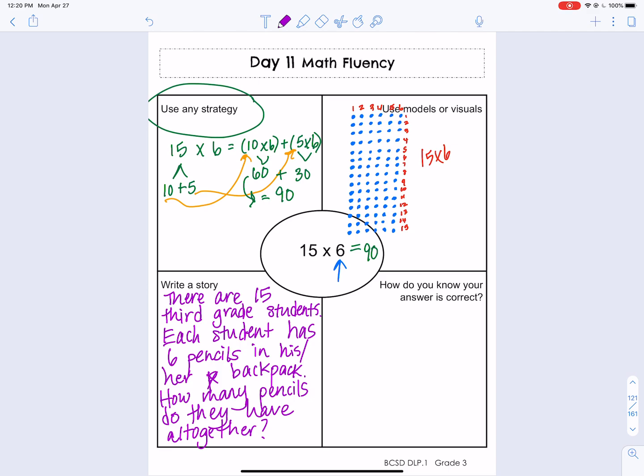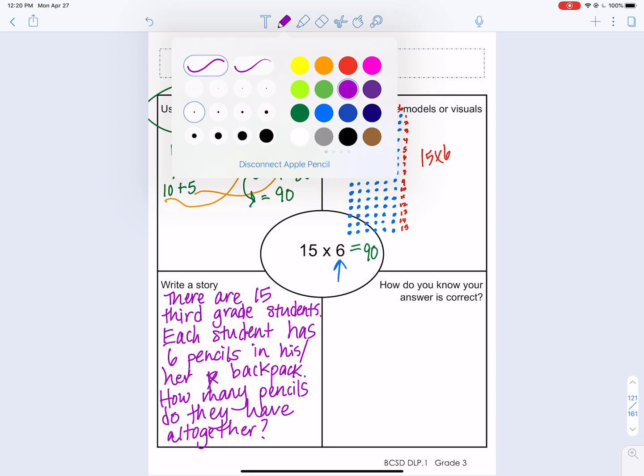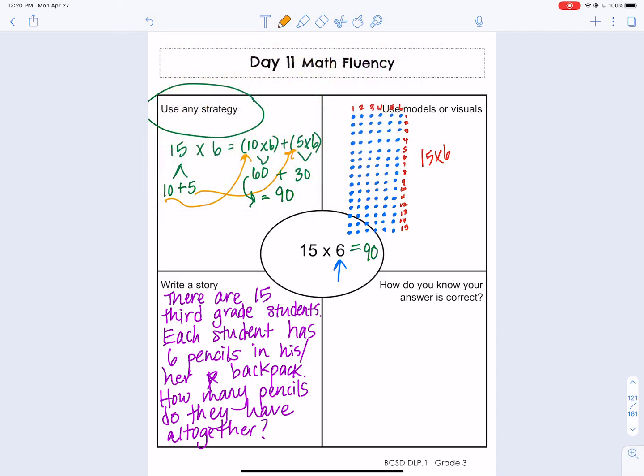Okay, so let's do this in another color. You know that I like different colors when I'm doing these things. I know my answer is correct because I decomposed 15 times 6 to be 10 times 6.